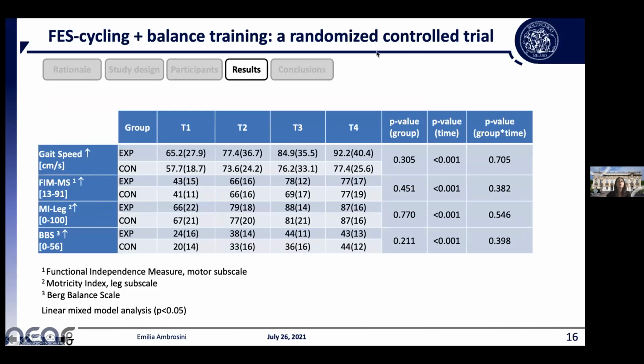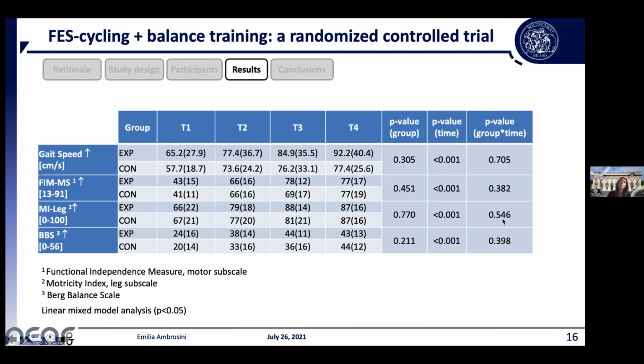And as you could see from the results, focusing on this p-value in terms of time, we could see that both groups significantly improved at the end of intervention, as we expect. We are just in the very acute phase after stroke, so we expect that all subjects improved, but we did not find any interaction effect.